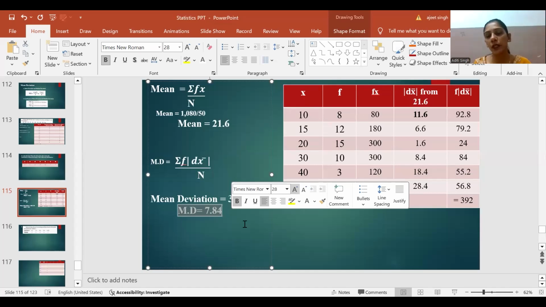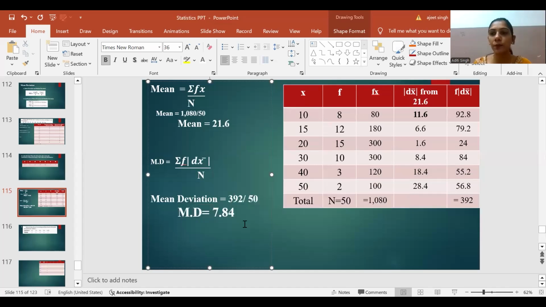Now with the help of mean deviation, we will calculate the coefficient of mean deviation.